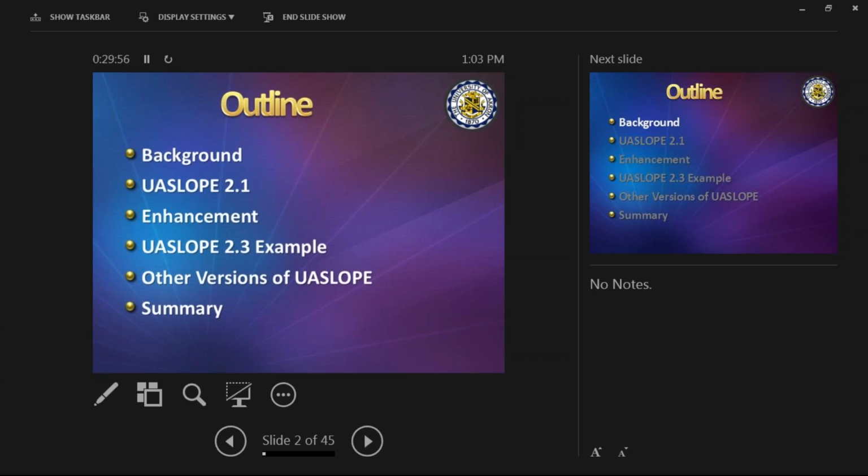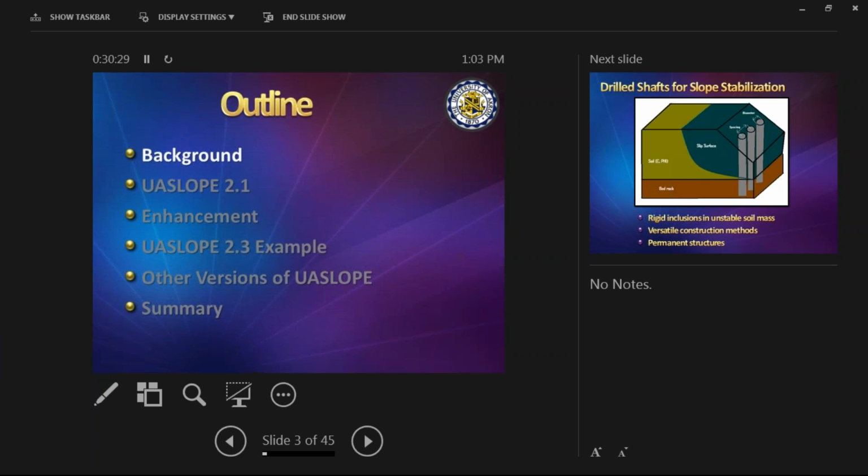And then I will show you the example using the new program to optimize the design of the drill shaft. Also, we'll bring out some of the other versions of the UASLOPE that was not part of this project, but was published in some other journal publications. And finally, I will summarize the work.